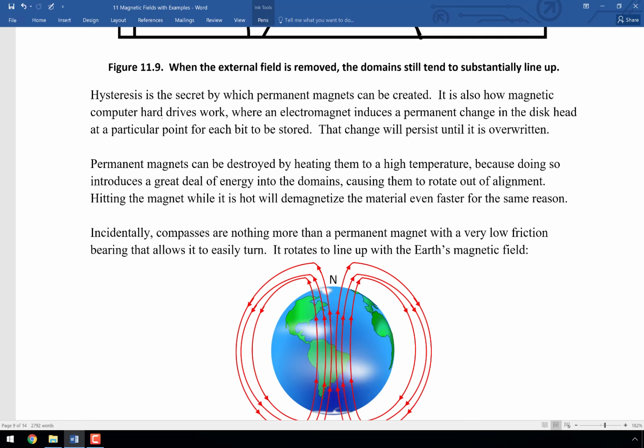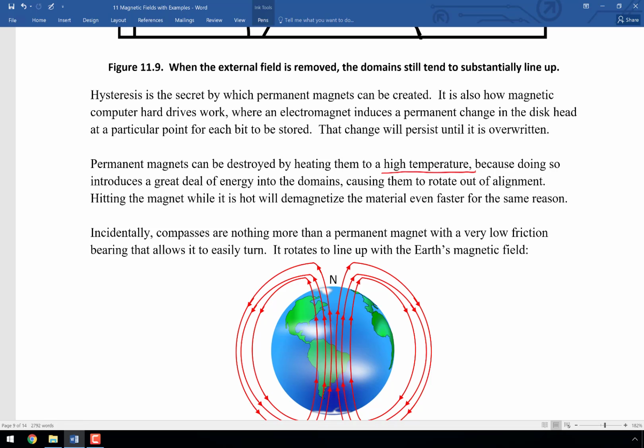So I just wanted to mention also that permanent magnets can be destroyed. You can demagnetize them, not just by shattering them, but if you heat them to a high temperature. If you bring them up to a high temperature, then you've introduced a lot of extra energy into the system, and then the domains can sort of rotate randomly, and they tend to move out of alignment with each other. And also that's a great way to create a permanent magnet.